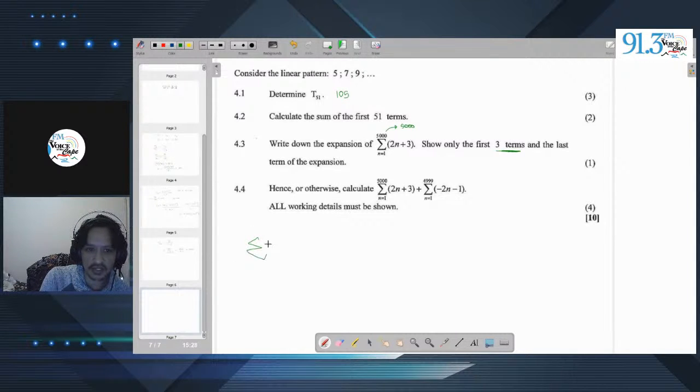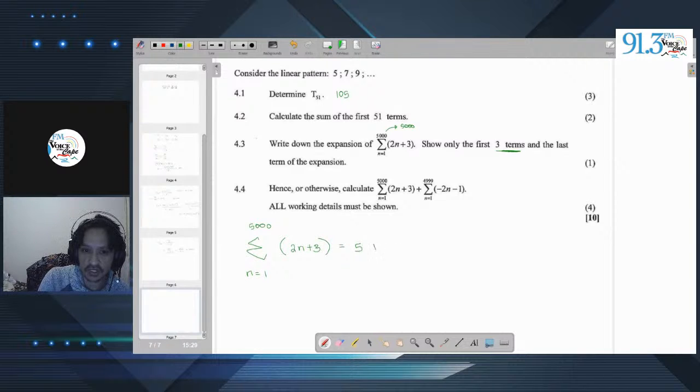So we can write down the sum of 5,000, n equals 1, bracket 2n plus 3 is equal. And we just state, well, you don't have to put it all in, but if n is 1, it's going to be 2 times 1 plus 3, which is 5.